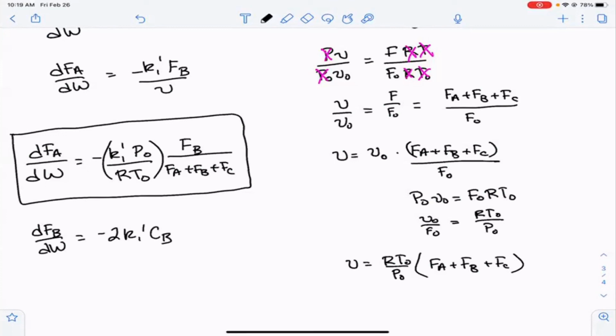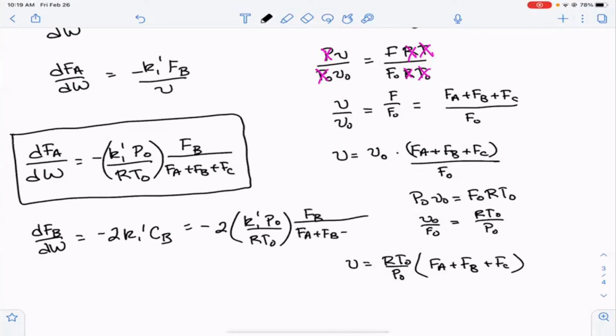And everything that we did here holds for B, right? Because all we did was we replaced CB with FB over the volumetric flow rate, and we found an expression for the volumetric flow rate. And so this just becomes minus 2 times K1 prime P0 over RT0 times FB over FA plus FB plus FC.